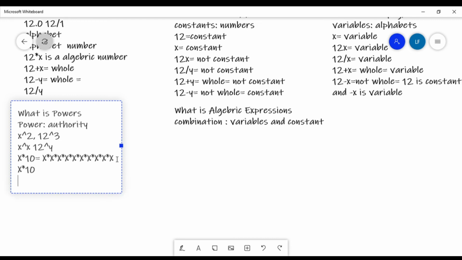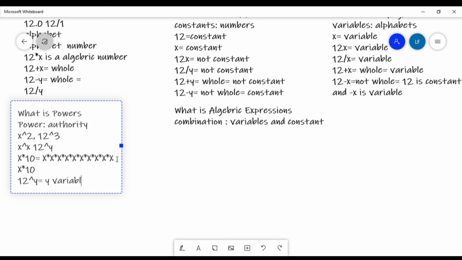What if the power is a variable? Let's take 12 raised to the power of y. Well, we cannot actually visualize it because y is a variable, right?